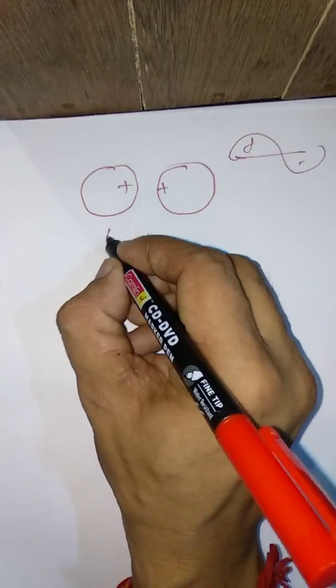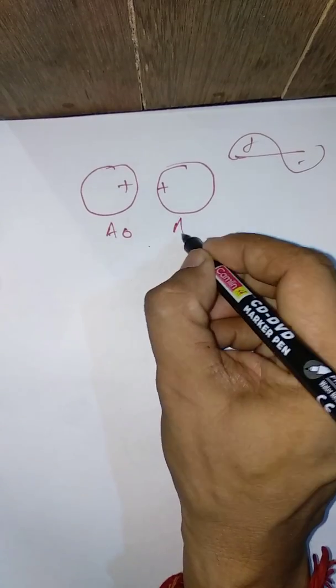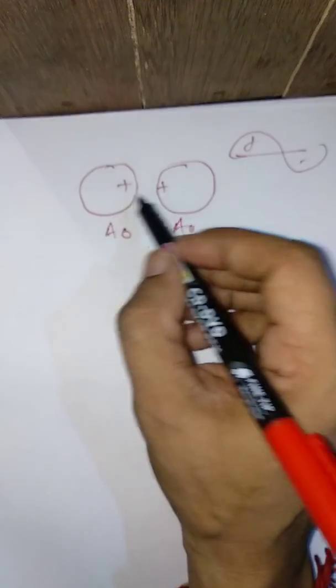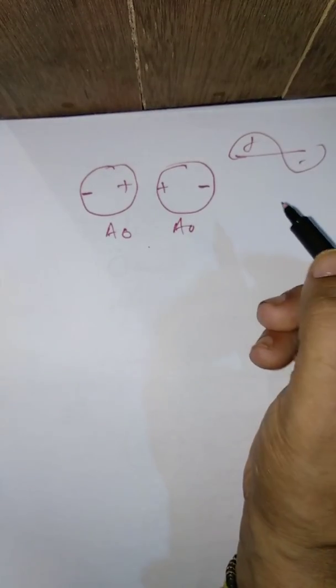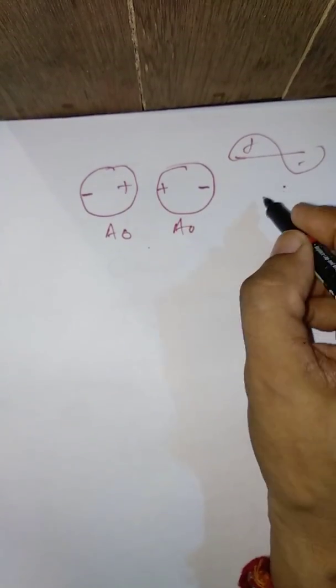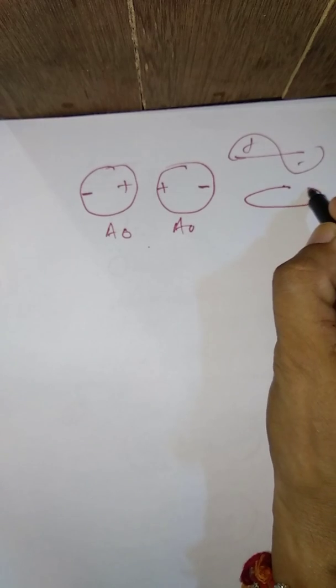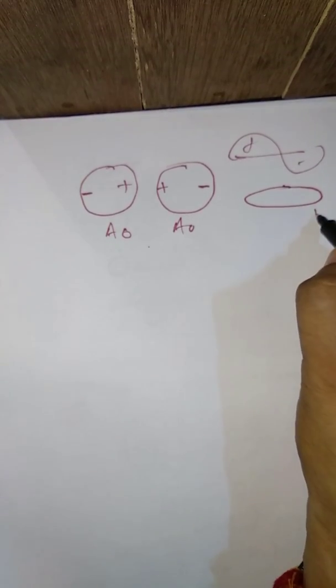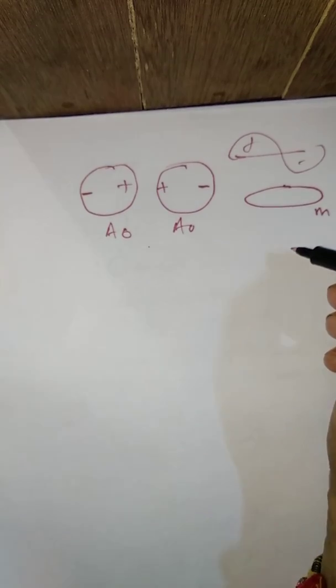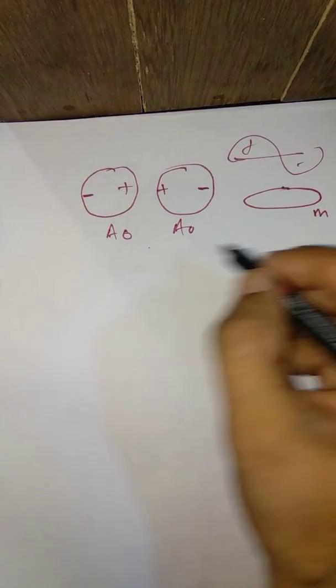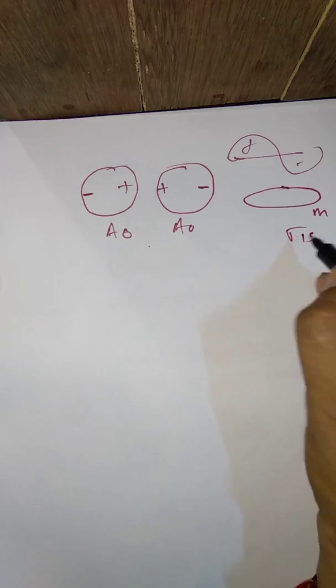When they interact, that is, the atomic orbital combines with an atomic orbital of the same phase, and here we can see the negative phases are on the other side, they form a molecular orbital. And this is a sigma s, sigma 1s.